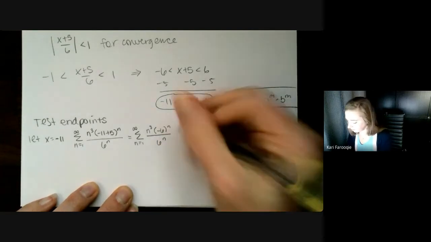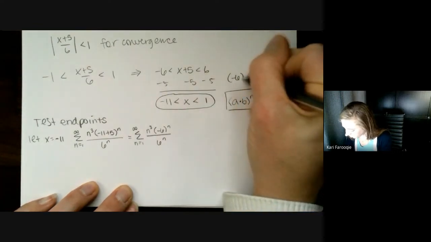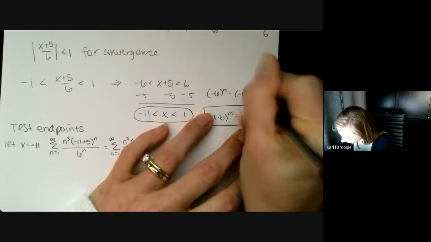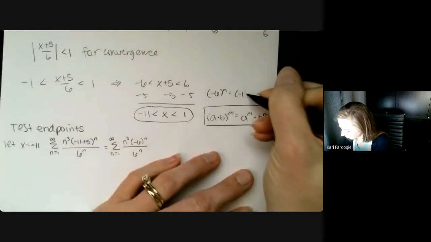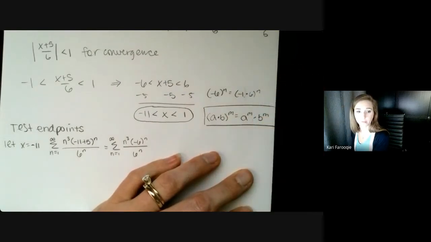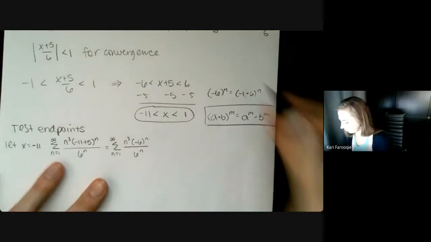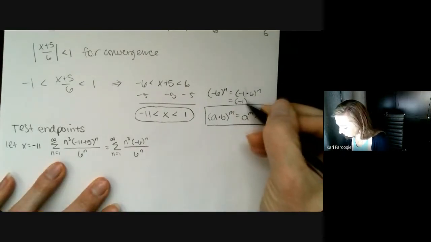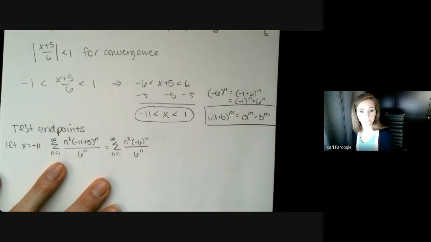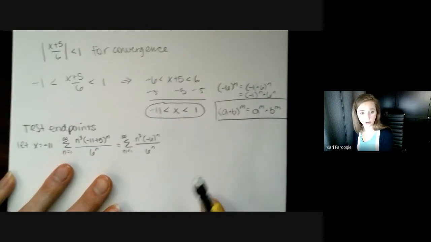We have -1, I'm going to rewrite this up here actually. -6 to the n is equal to -1 times 6 to the n. And these are the kinds of things that you're going to have to get used to doing in this section. When you simplify that, you get -1 to the n times 6 to the n. I'm just using this rule for exponents.